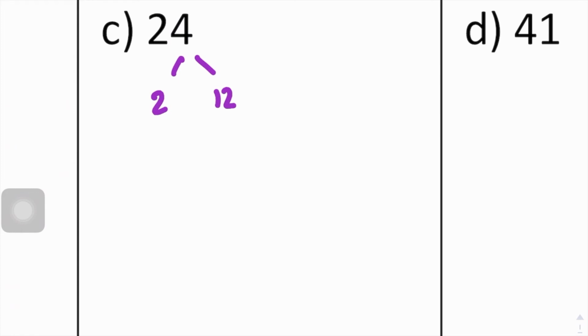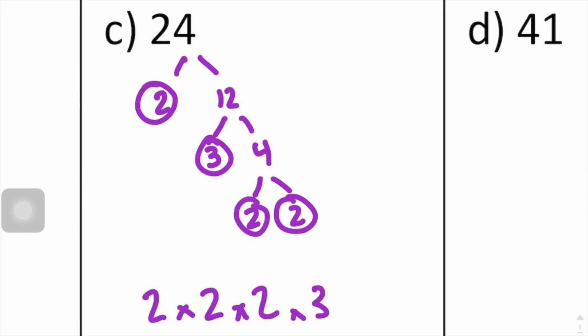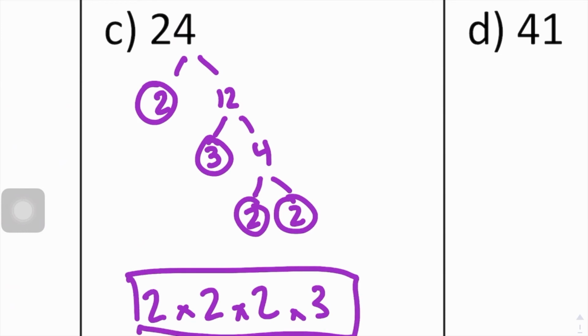If you, however, choose 1 and 24, it's not going to get you very far. 2 is prime. 12 is not. 12 to me can break up to be 3 and 4. 3 is prime. 4 is not. 4 breaks up to be 2 and 2. So all the branches are done. We've got our primes. 2 times 2 times 2 times 3. There's our prime factorization.